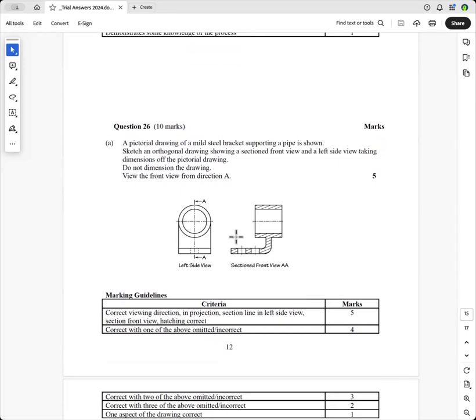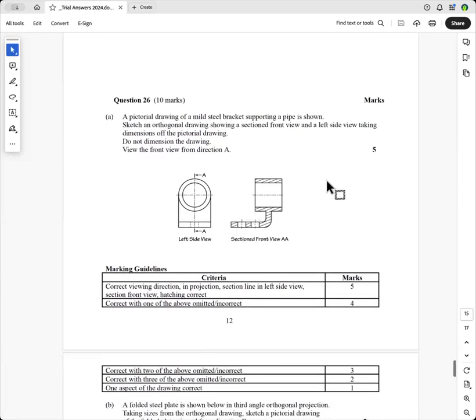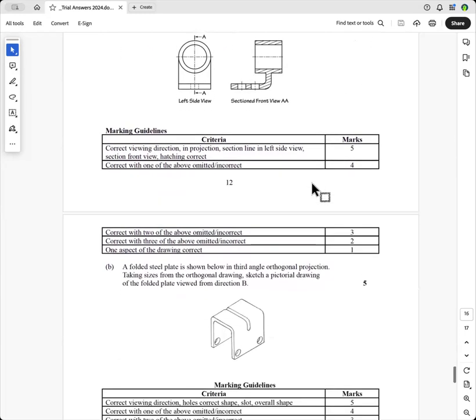And when you do a section, you've got to use these arrows with thick dark ends to show the section plane, so that when you're looking along here, you see that with all this removed. And where it has been cut, you put the hatching in. That was an easy question for 5 marks.